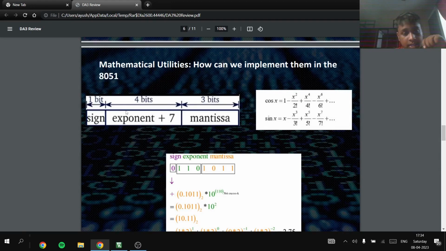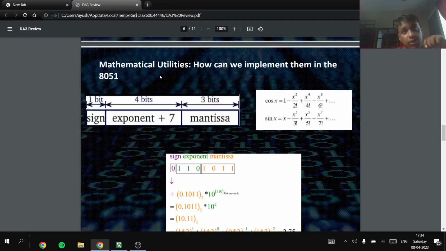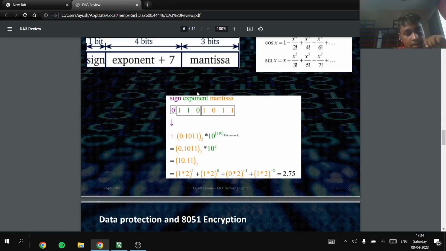So the mini floats are good for representing floating point values, especially if you don't want too much change in the values of the floating point. So we can represent them. For example, we have over here this 8 bit is going to represent 2.75. So basically you define a representation.